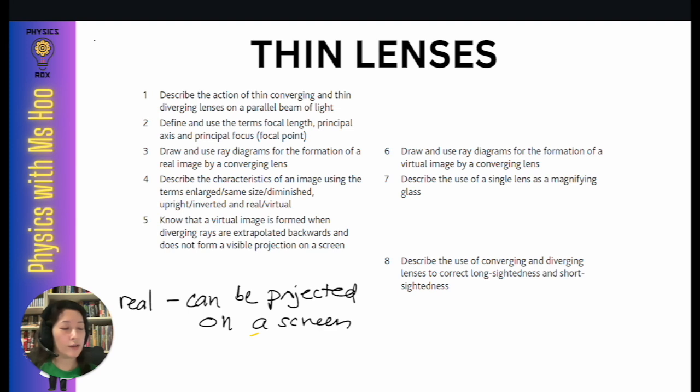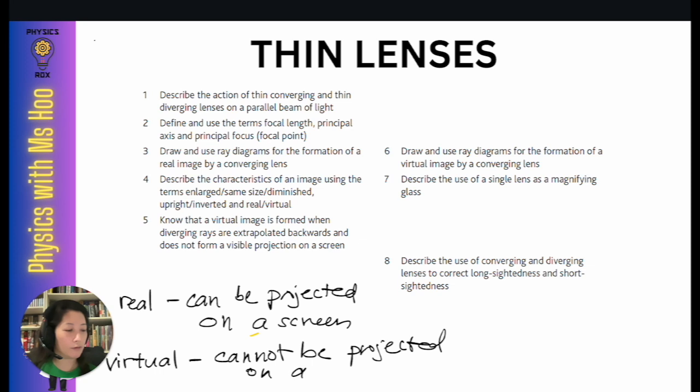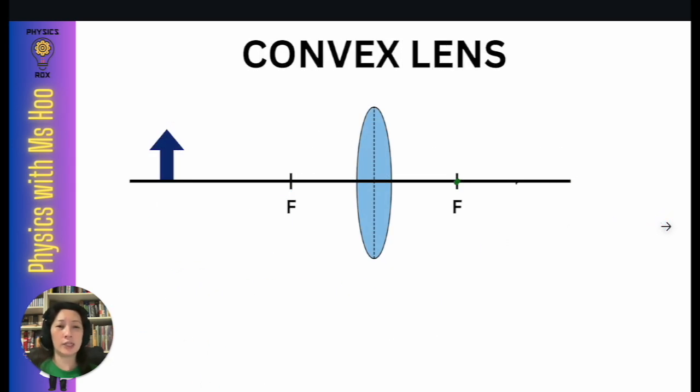Whereas for virtual images, it's just the opposite. They cannot be projected on a screen. So these are the answers that you can write if you were asked to explain or describe real and virtual images. Now let's go into the drawing.